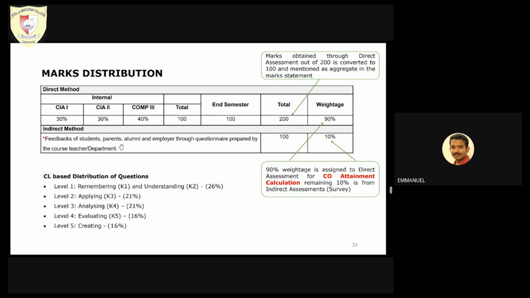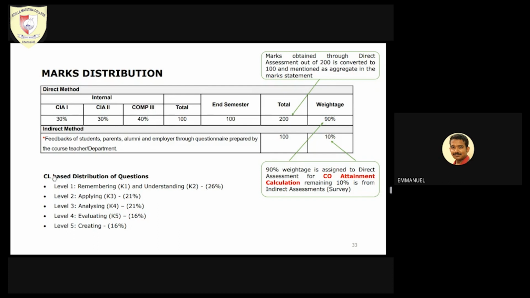That feedback will be consolidated for 10 marks, and this 10 marks and the 90 percentage marks put together will give 100 percentage. That will be taken into account for CO attainment calculation. That attainment calculation will be given under part 3. If time permits, we will complete that by 2 o'clock. Otherwise, I won't be able to complete that part alone.